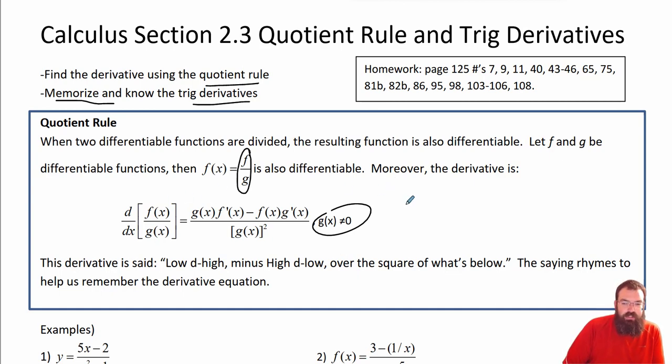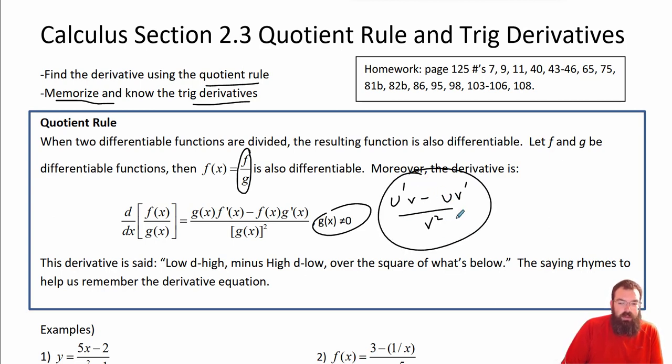Now, we did it last year as u's and v's, right? Remember, it was u prime v minus u v prime over v squared, and that's fine too. You can do it that way if you remember from last year. Now, this is a saying that we didn't do last year, but it doesn't really matter. It says low d high minus high d low.